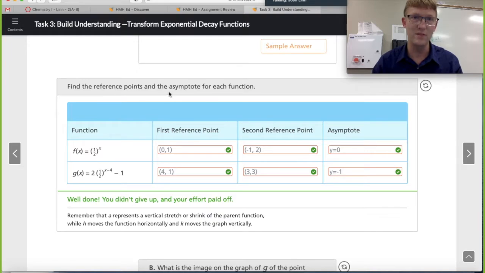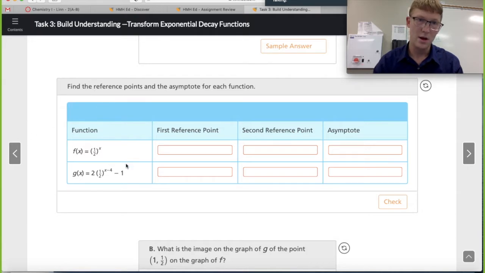Find the reference points and the asymptote for each function. So here's our parent function that we started with. Our first reference point is always going to be x equals 0, because it's easy to find. So when you raise anything to the 0th power, it is going to equal 1.